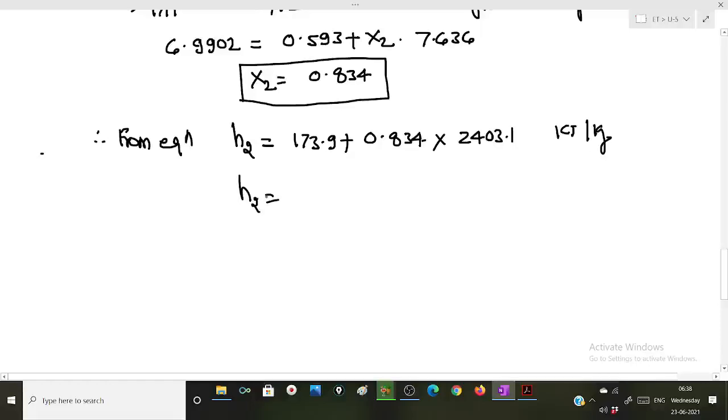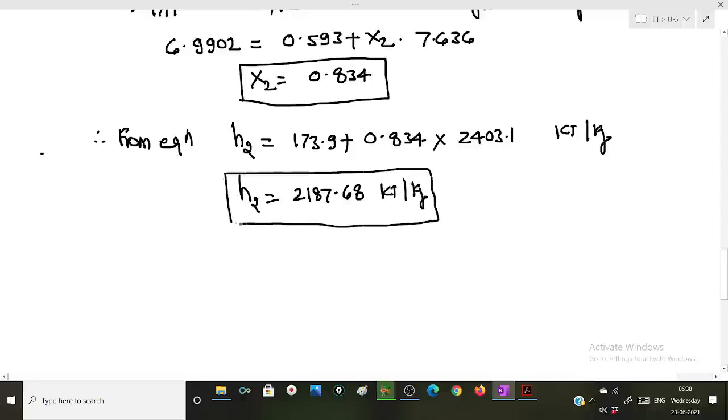So from here the value of H2 will be 2187.68 kilojoule per kg. So we have the value of H2 now, H1 and H2.